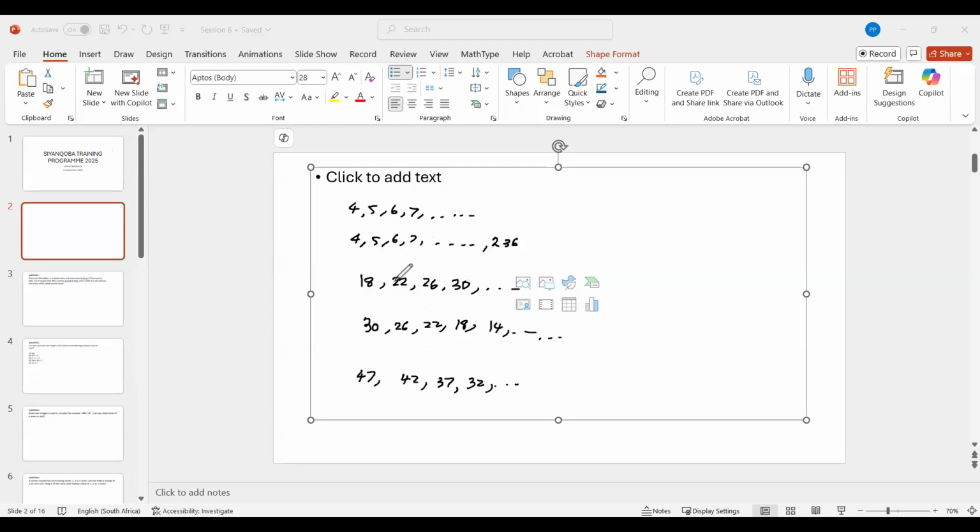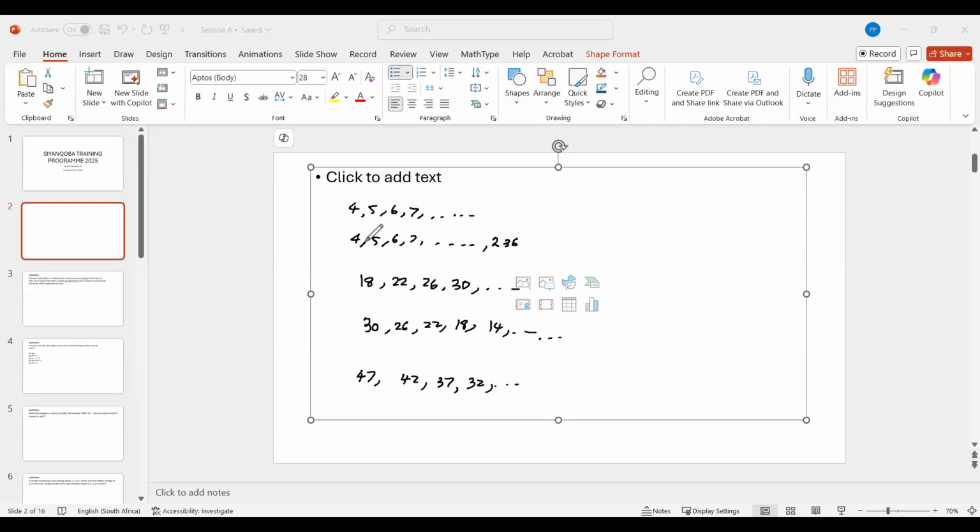This is the first term, second term, third term, fourth term, and so on. So each term is occupying a certain position, first, second, third, fourth. So just understand that the terms occupy certain positions. Like this one here, 14 is occupying the fifth position. So each term is obtained from the previous one by adding or subtracting a certain number.